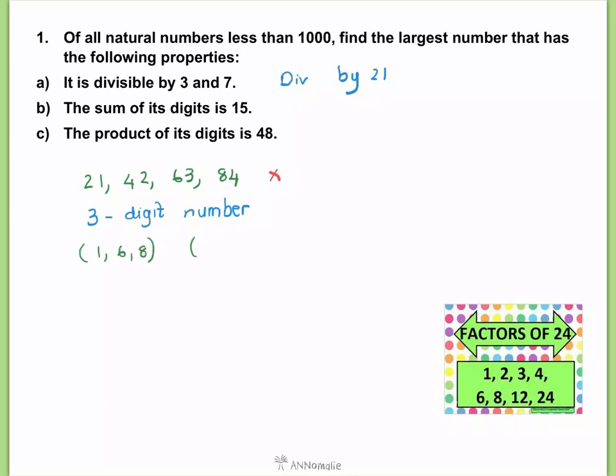Let's try with 2, 2, 3, and 8. We could have 2, 4, and 6 as well. And then we could have 3, a 4, and a 4. And those are the possibilities that we've got.